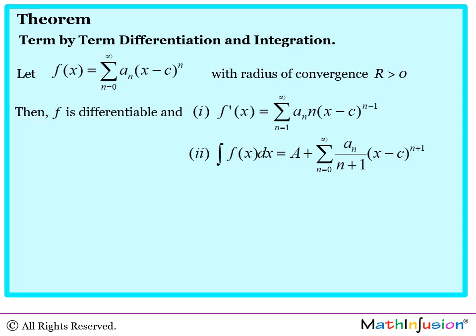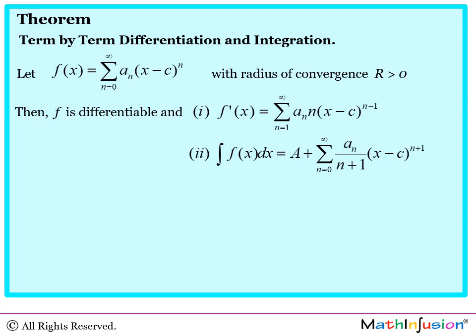Theorem: term-by-term differentiation and integration. Let f(x) be written as a power series centered at x equals c with radius of convergence r which is greater than 0. Then f is differentiable and the derivative of f is the sum of a_n times (x minus c) to the power of n minus 1 when n runs from 1 to infinity.